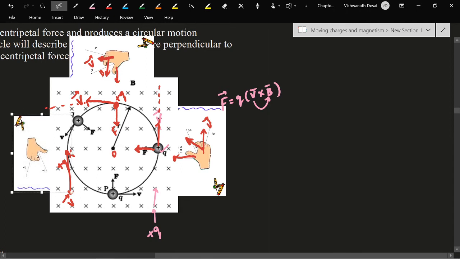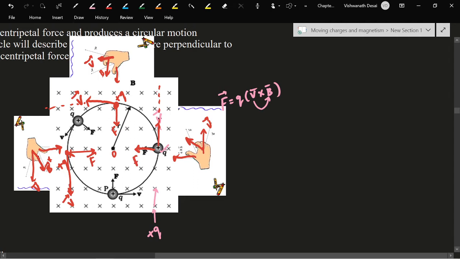So I'm curling my fingers from V towards B. The B is inside the plane of the paper, so B is the into mark. So where is the thumb pointing? The thumb is pointing somewhere here. Wherever the thumb is pointing, you just see.